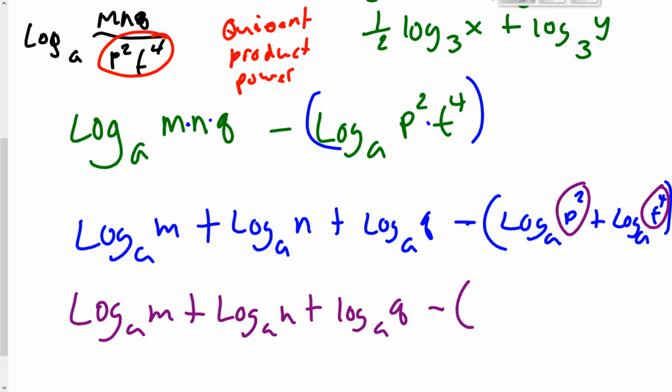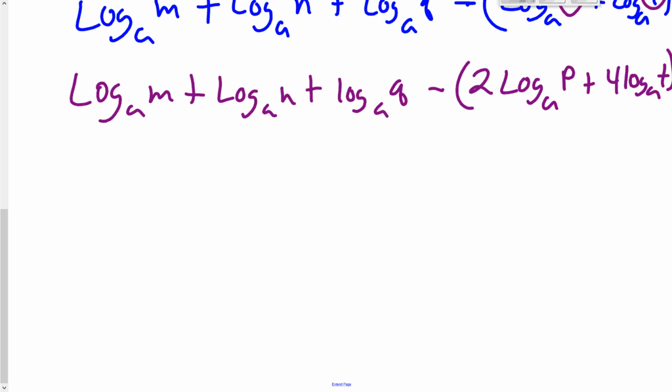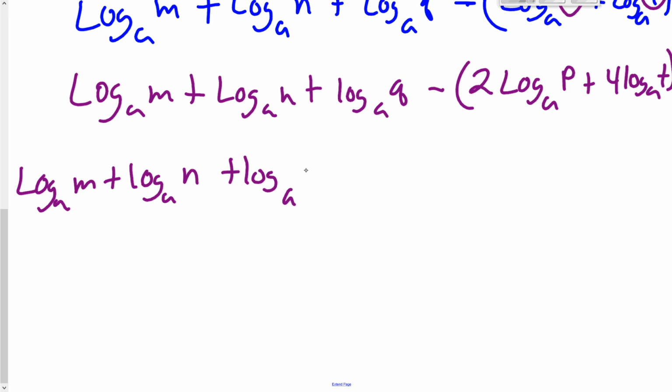But I know since they're in the denominator, they are going to be both negative. Now I could go ahead and distribute that negative. If you kept it inside the parentheses, that'd be fine. So log A of m plus log A of n plus log A of q. Make sure those parentheses, you can distribute the negative.